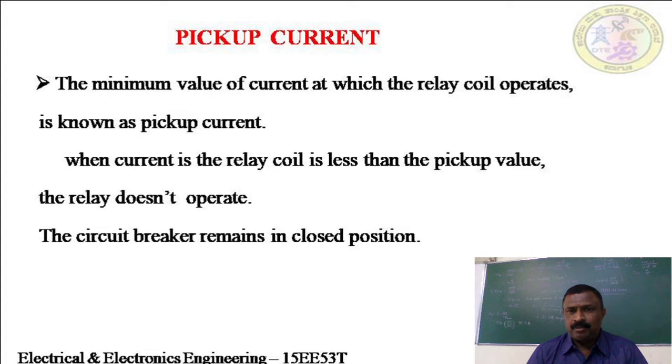For example, if the pickup value is equal to 1 ampere, and the current through the relay is less than 1 ampere, the relay is said to be inoperative. When it is equal to 1 ampere, the relay will operate. So that 1 ampere we call the pickup current. The circuit breaker will remain in a closed position whenever the current is less than the pickup current.